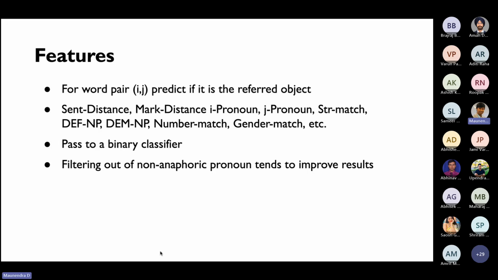Okay, now if we talk about a feature-based algorithm for co-reference resolution, here again we are talking about a mention pair kind of algorithm where a mention pair is given, and the task is to predict whether there is a co-reference among them. There are many features which could be there. One is, what is the distance between the sentences in which they appear?